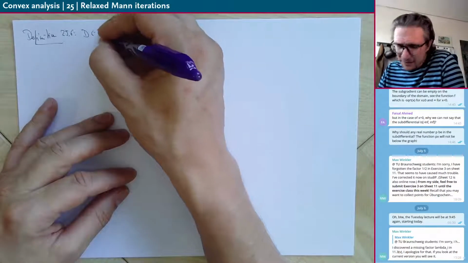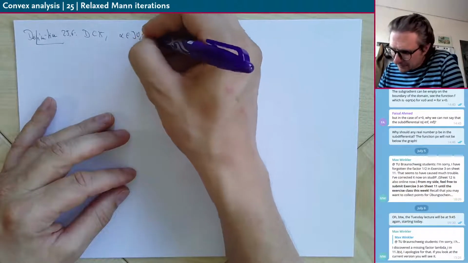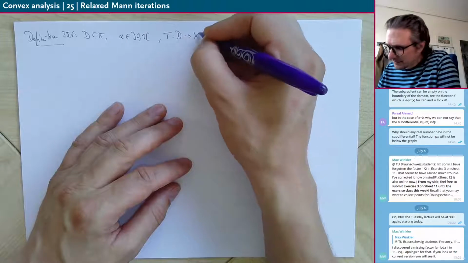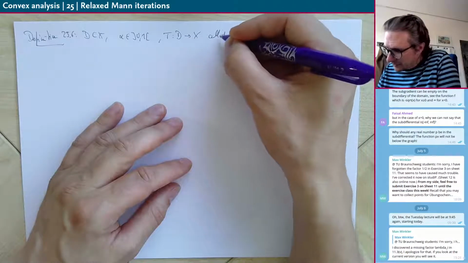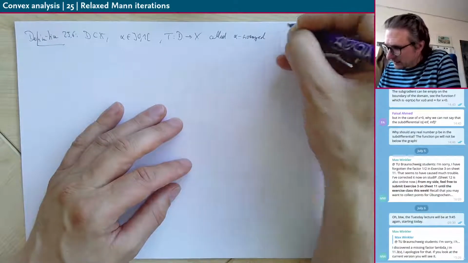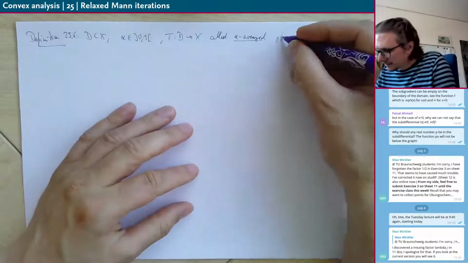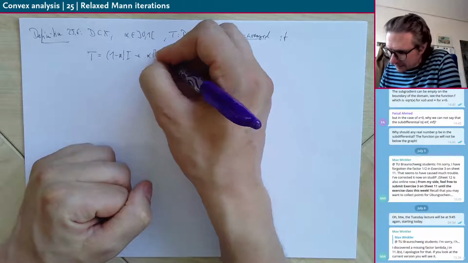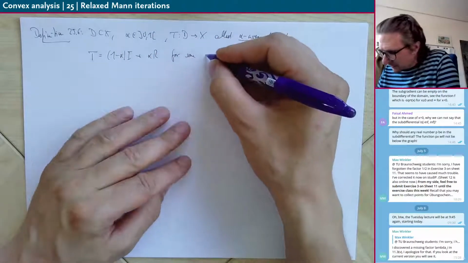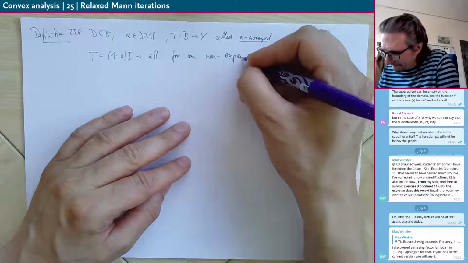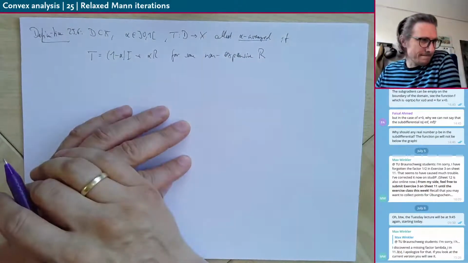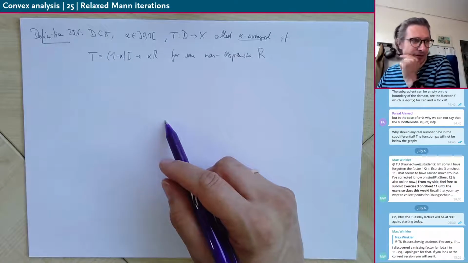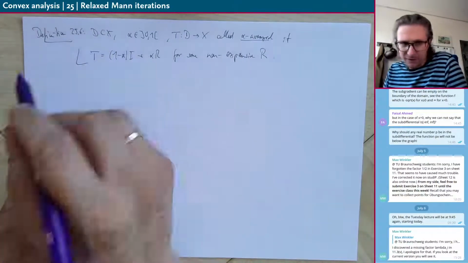If you have T from D, a subset of X, to X, and some alpha in between 0 and 1, then T is called alpha averaged if T is actually equal to (1 minus alpha) times identity plus alpha times R for some non-expansive R. And if T is alpha averaged for some alpha, then we call T just averaged, without knowing the alpha.